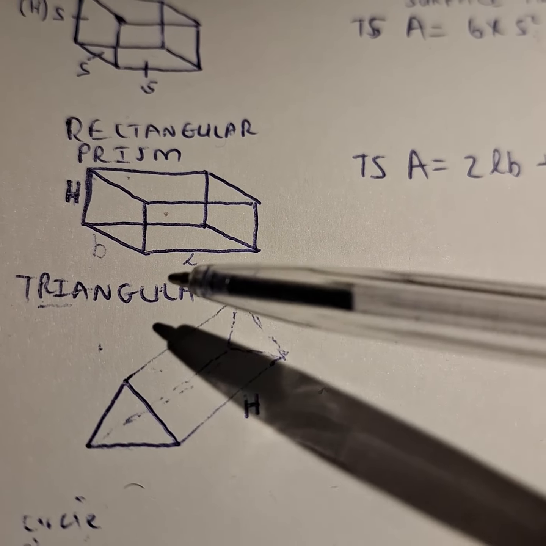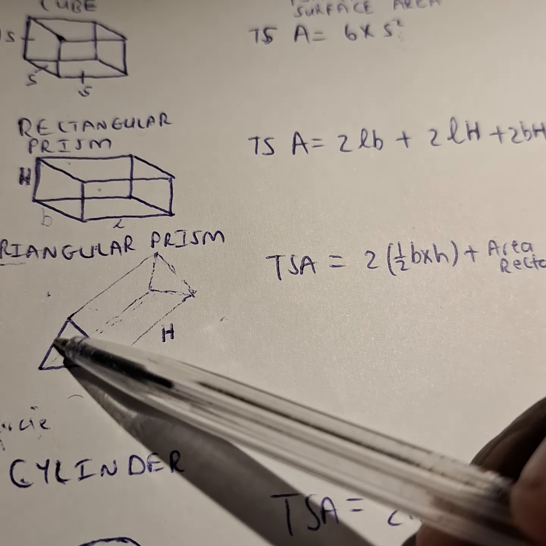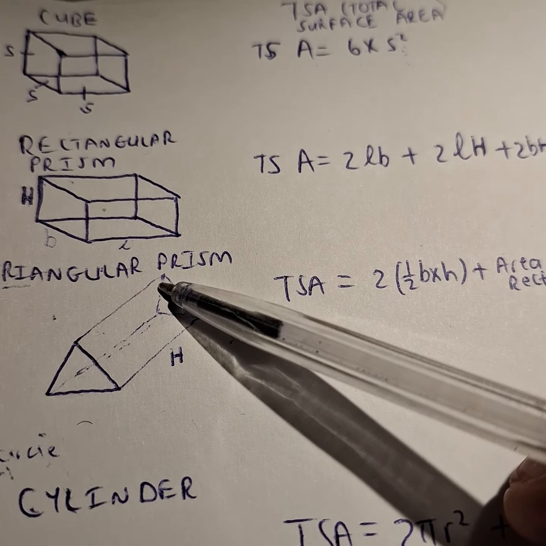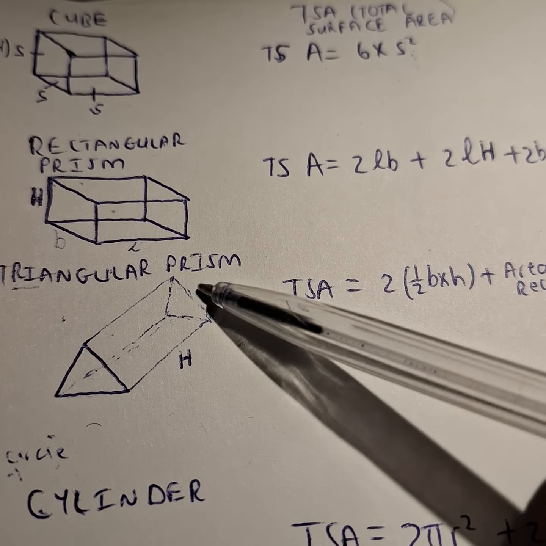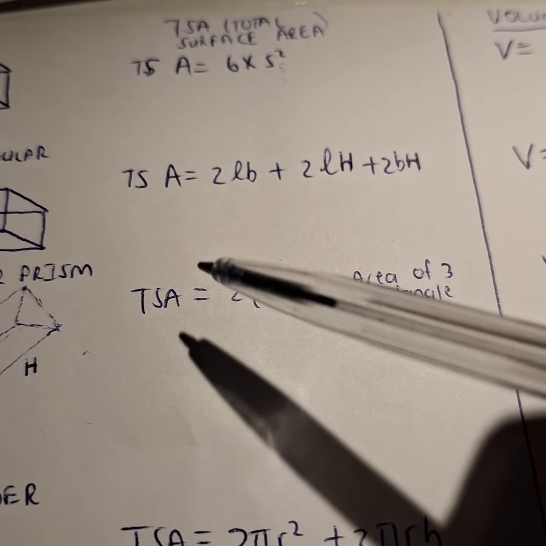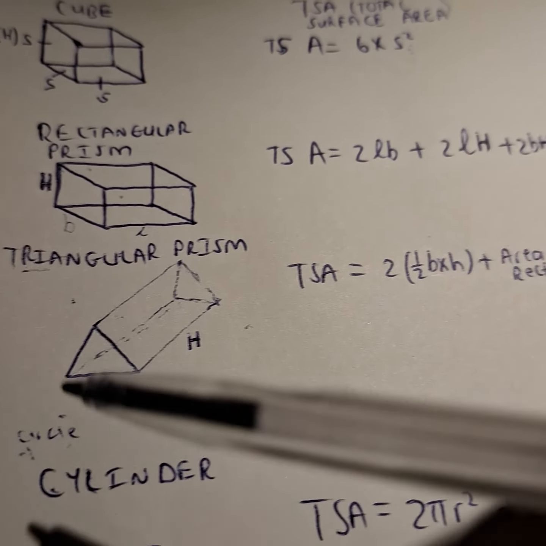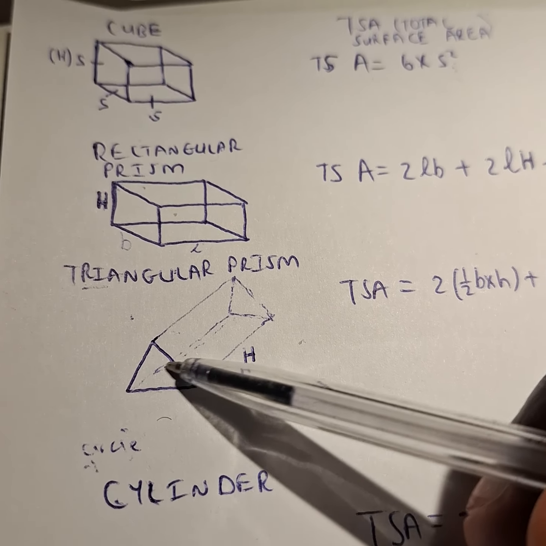So let's look at total surface area first. Total surface area, we're looking at how many triangles. 2 triangles, they will be the same. All right, so we know that the area of one triangle is half base times, now look, this base refers to the base of the triangle.